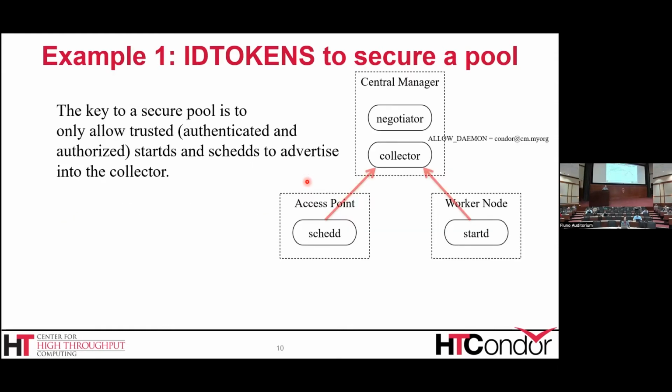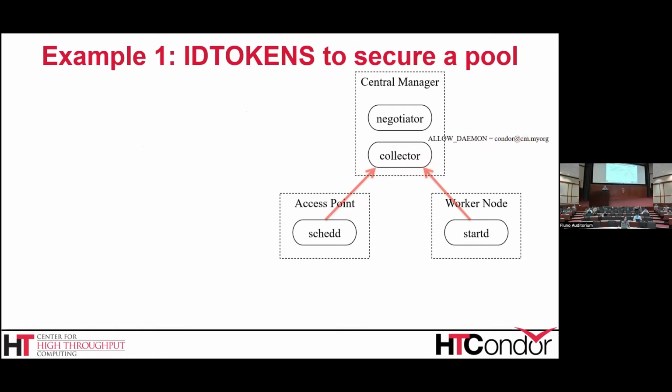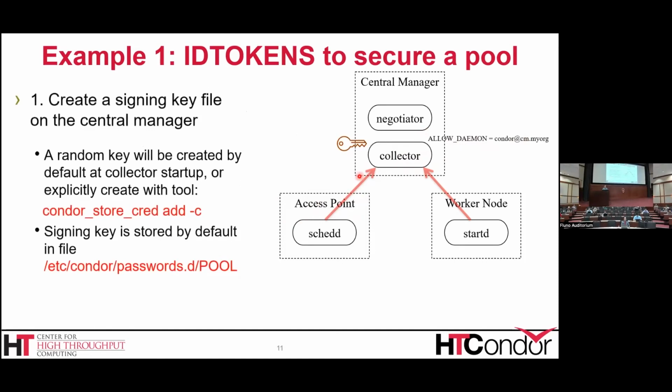So the key to a secure Condor pool is to only allow trusted, authenticated, and authorized StartDs and SCHEDDs to advertise into the collector on your central manager. So in the configuration on my central manager, I say ALLOW_DAEMON is only this user, condor at my organization. Okay. So how do I do this? Step one is on the central manager, I'll create a signing key file.